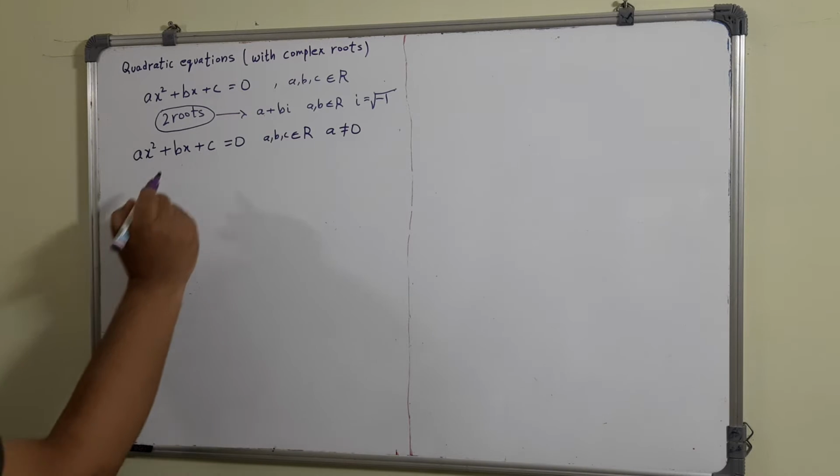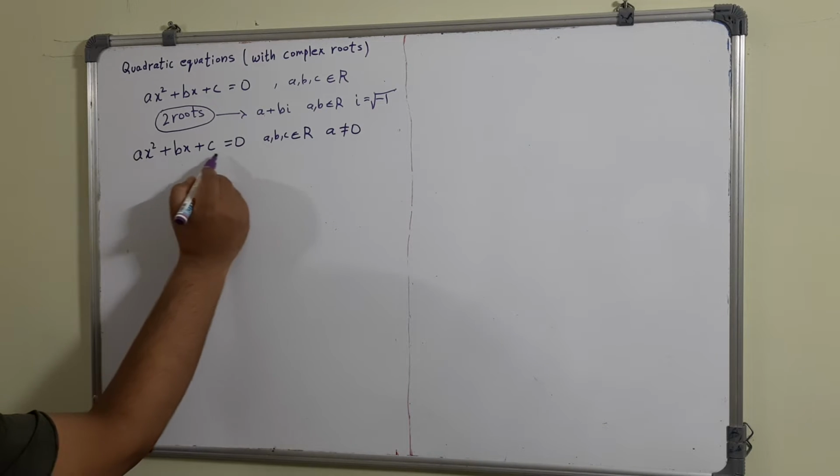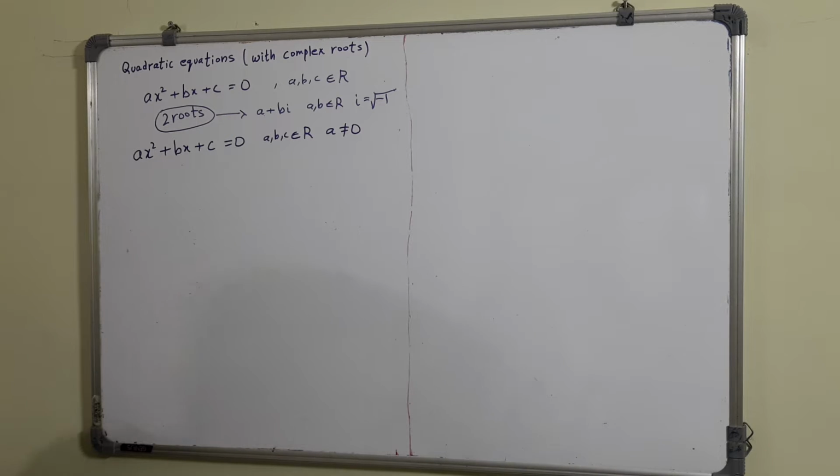If a is 0, it will not be an equation of degree 2, it becomes an equation of degree 1, bx plus c equals 0.